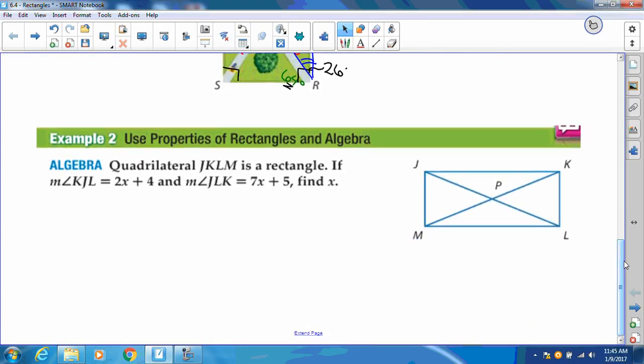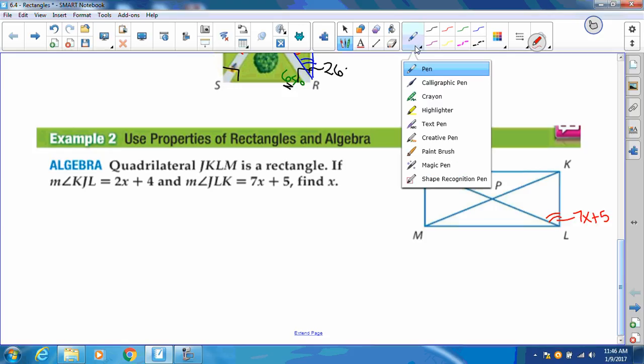Okay, the last example like this says quadrilateral JKLM is a rectangle. If the measure of angle KJL, so KJL would be here, is 2x plus 4, and the measure of angle JLK, that's here, is 7x plus 5, we want to find x.